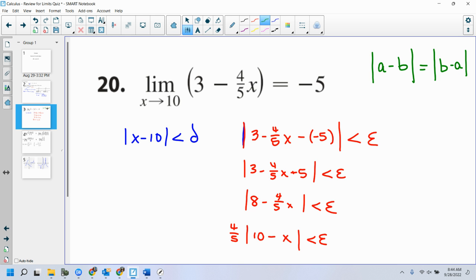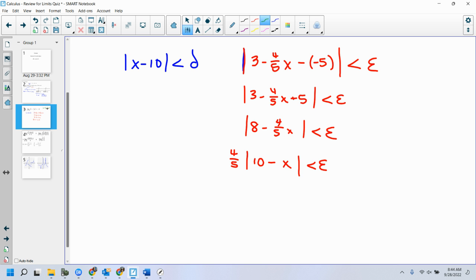Use 3 and 5: 3 minus 5 is -2, but the absolute value turns it to +2. 5 minus 3 is +2, and the absolute value keeps it +2. Does that make sense? So you can use that rule. Now, how does that help us here? Because 10 minus x is the same as x minus 10 when looking at it in an absolute value.